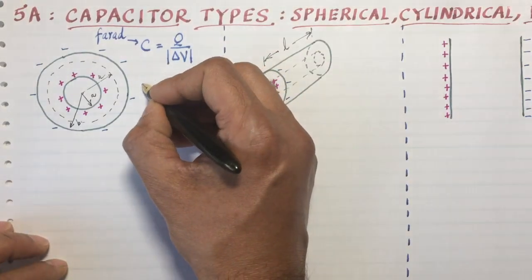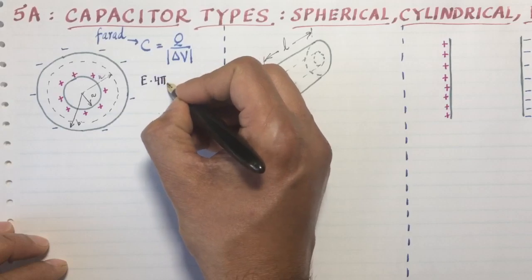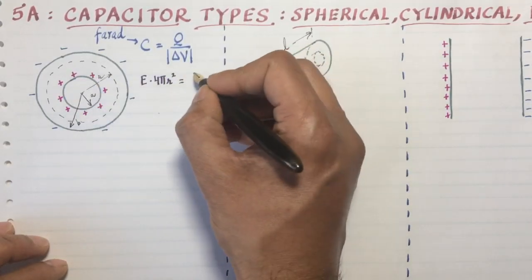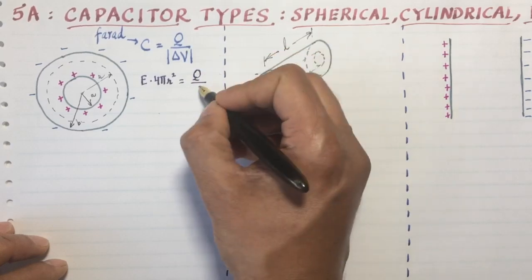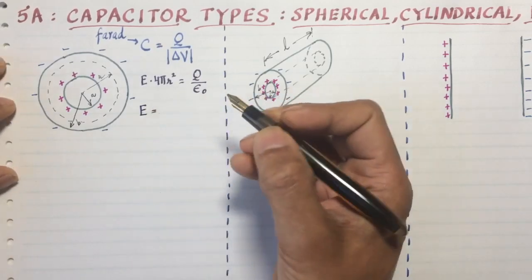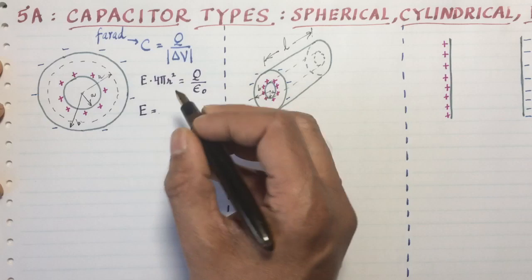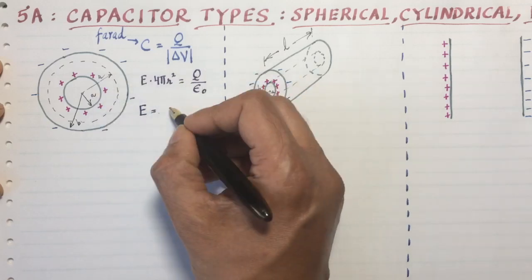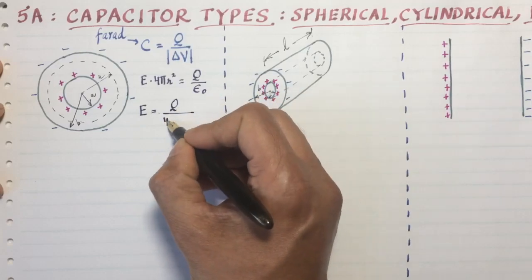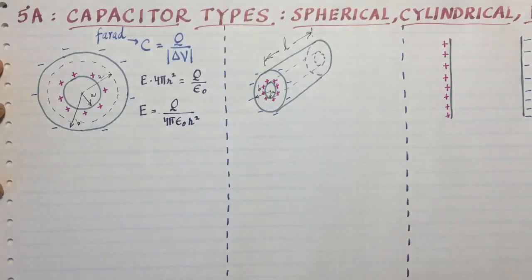The left-hand side of Gauss's law will be E times 4 pi r squared, and the right-hand side is just the enclosed charge, which in this case is Q, divided by epsilon naught. And so we get the electric field in this spherical capacitor's interior between the inner plate and the outer plate is going to be Q divided by 4 pi epsilon naught r squared, just as it would be for a point charge.